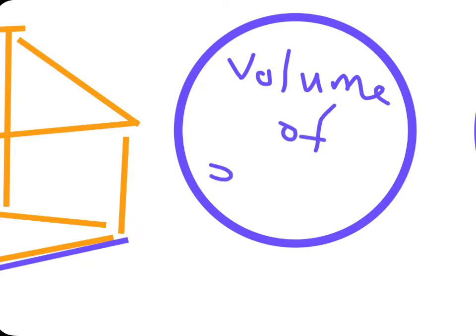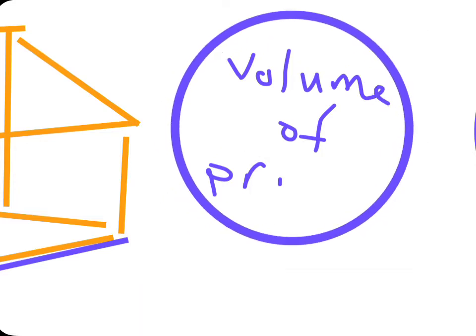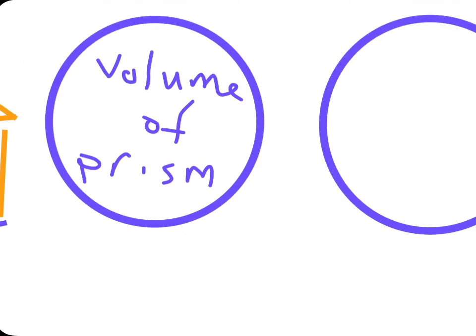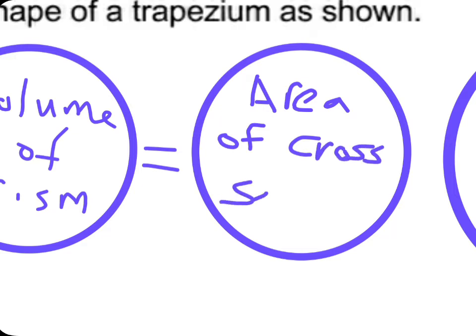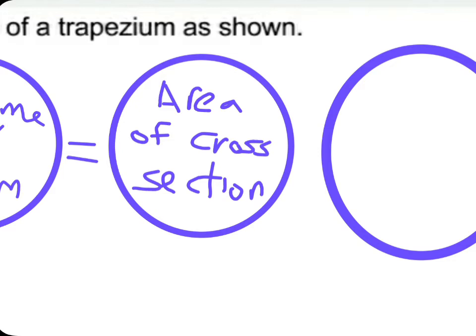Volume of prism equals area of cross-section, or cross-sectional area, of cross-section, which is the trapezium here, multiplied by what?